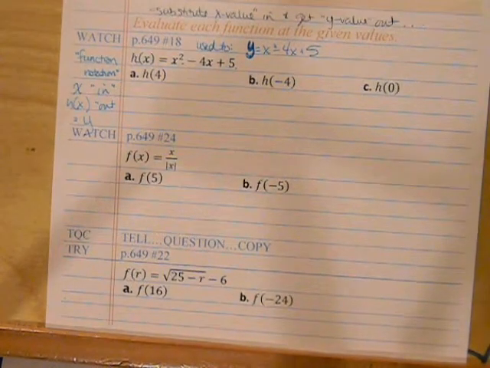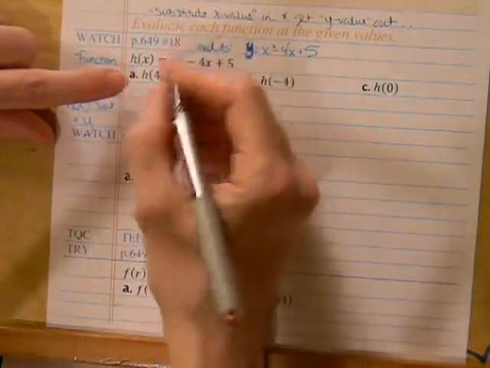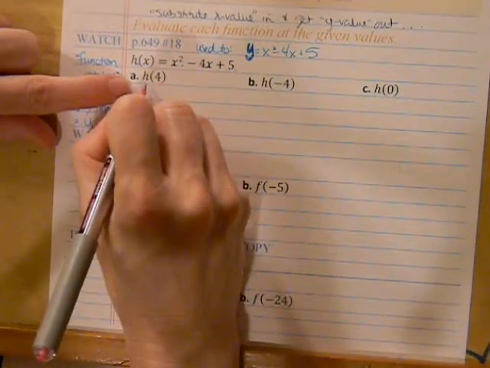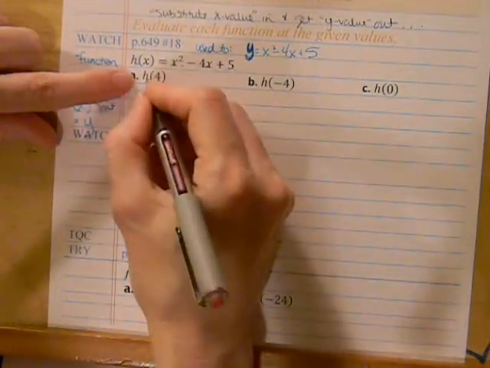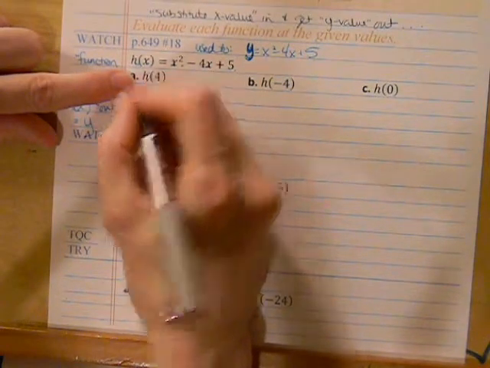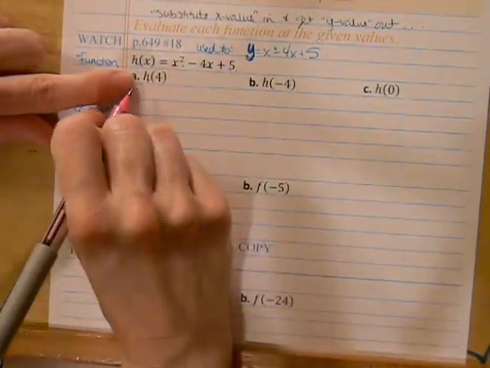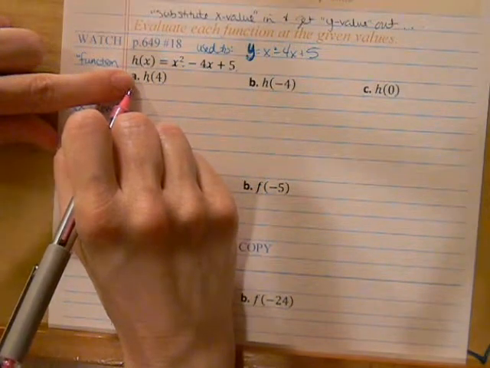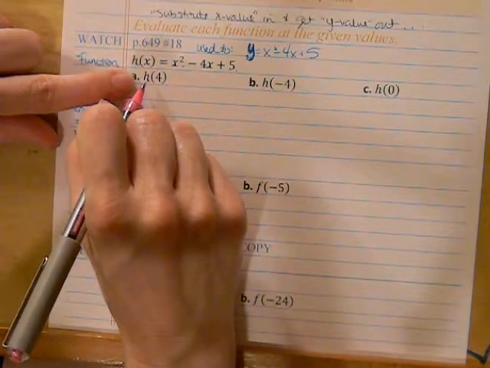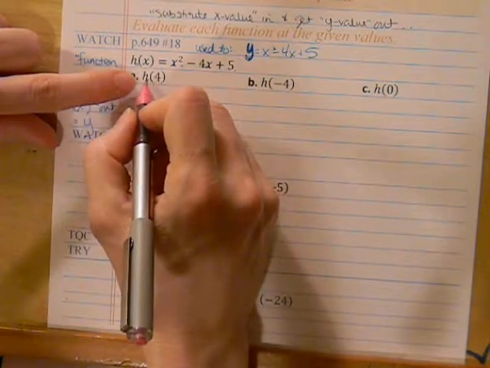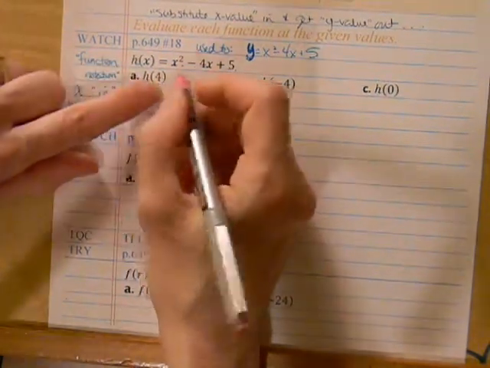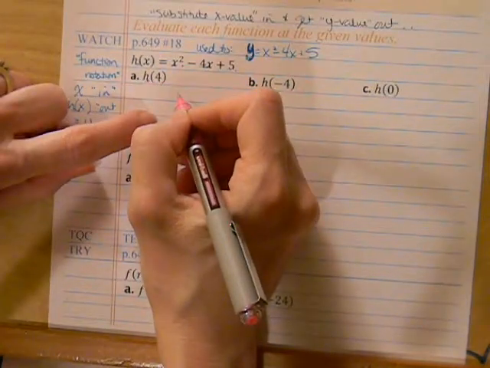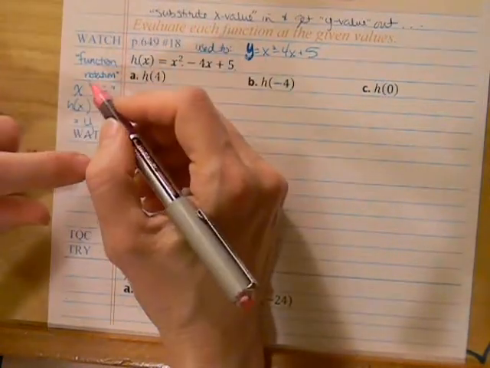And so when you see something like this where it says find h of 4, we're not multiplying by 4. We're saying take that function h, that certain job, like let's say its job is to, oh goodness, what's something that starts with h? Heavy lifting, okay? So the function here is to do some heavy lifting, h for heavy lifting. So you're going to put 4 into the function machine for heavy lifting, and you're going to get an answer out.